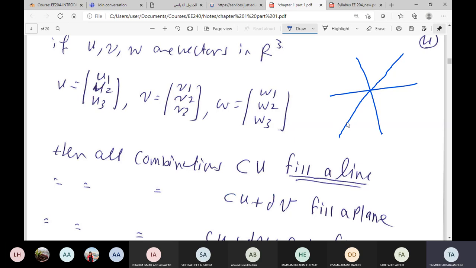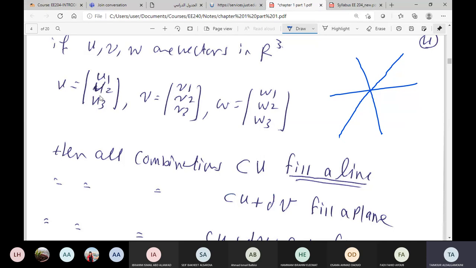All combinations of CU plus DV will fill a plane, as we said about the two-dimensional vectors U and V before.